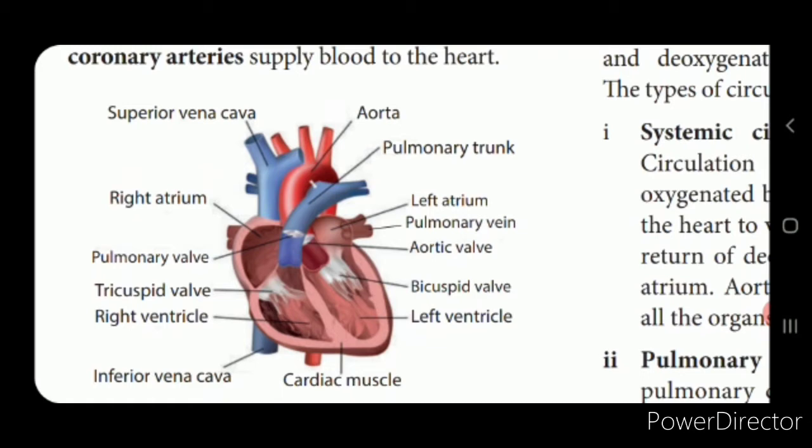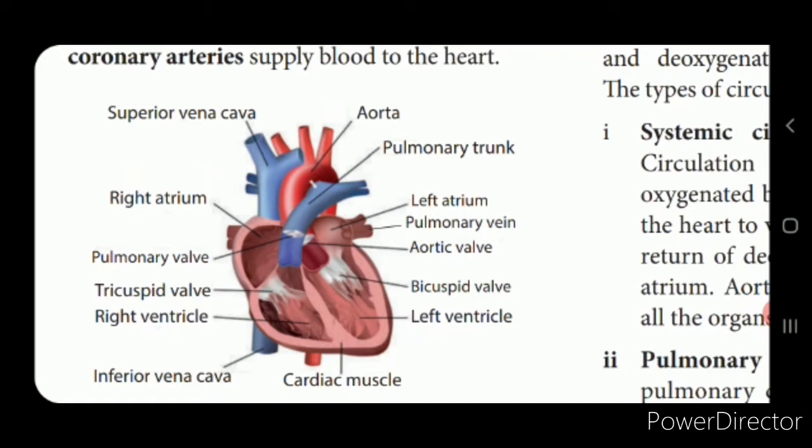The left ventricle is longer and narrower than the right ventricle, and the walls, if you see, are 3 times thicker than that of the right ventricle, because the left ventricle has to pump blood to various parts of the body. So it has thick walls so that it can pump the blood with force to the different parts of the body. Now the left ventricle gives rise to the aorta.